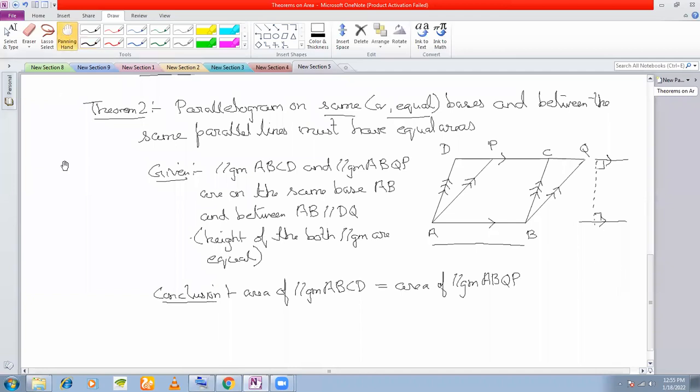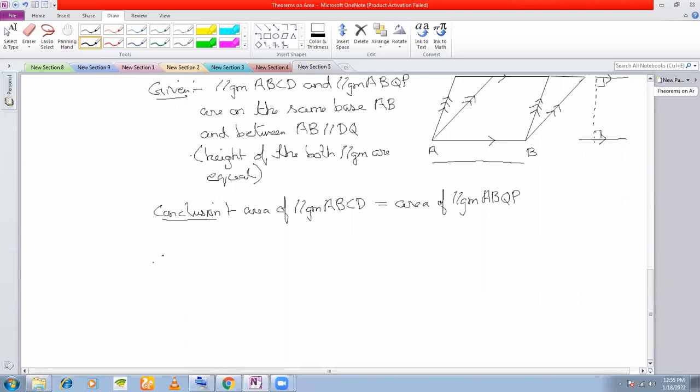Let's see what happens if the parallelograms have equal bases. Let's see how the figure looks first.